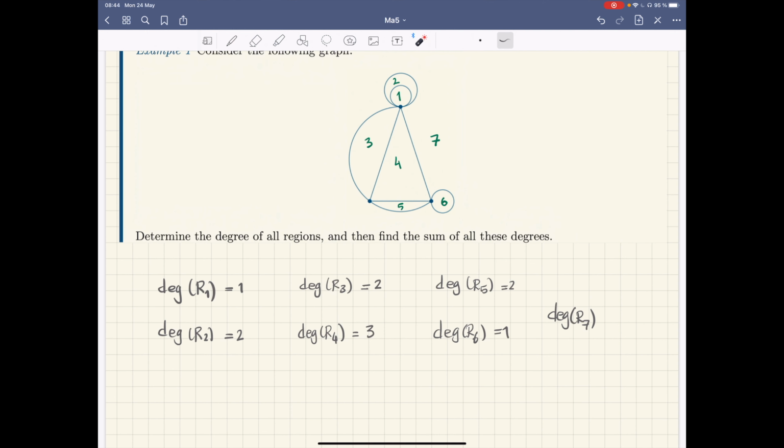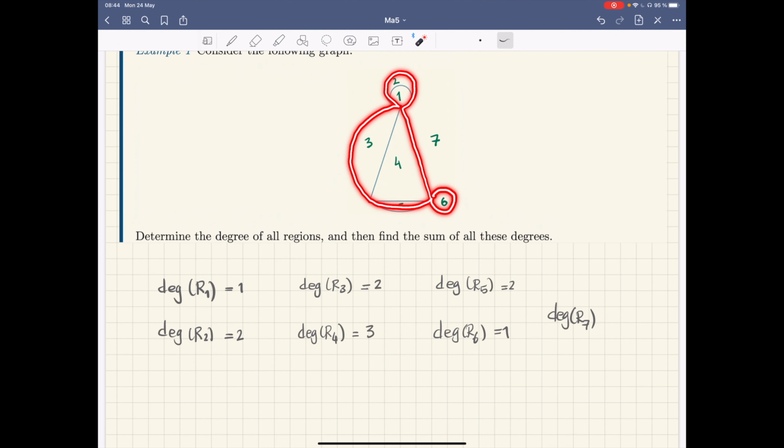So I start from here, for example. Outside everything we consider as region 7. So this is one of the edges in the boundary of 7. This is the second one. This is the third one. This is the fourth one, and this is the fifth one, and we are done. So is that understandable?